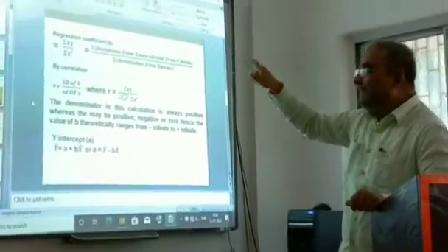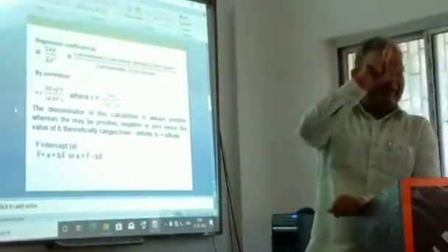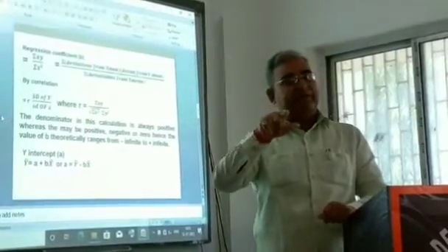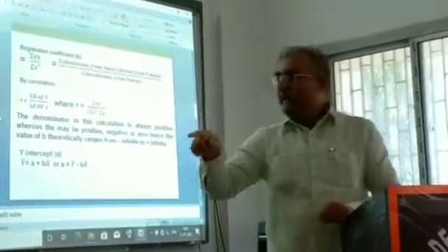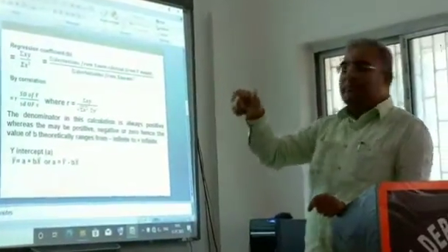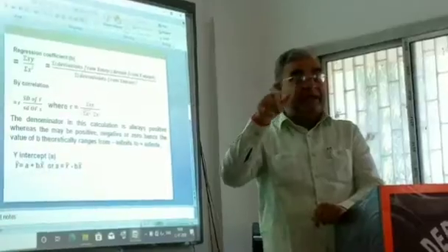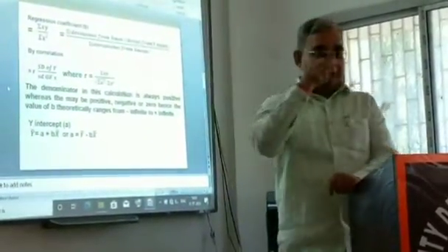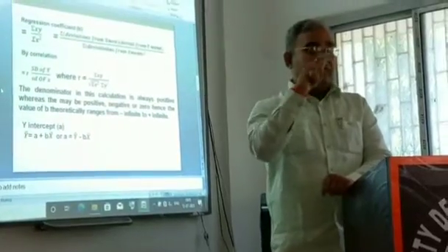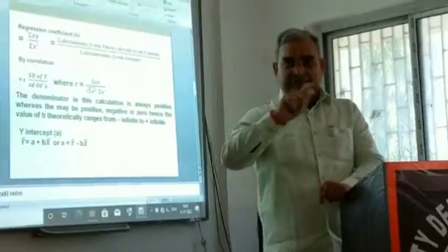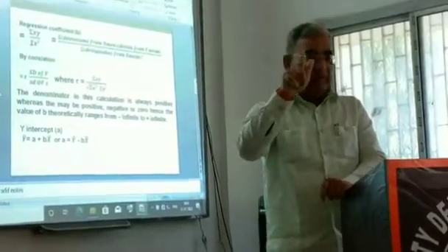That means the multiplication of the respective deviation of x from the mean and the respective deviation of y from the mean. And now the summation of x square. Here x square represents x minus x bar, squared. A small x represents the capital X minus the mean.